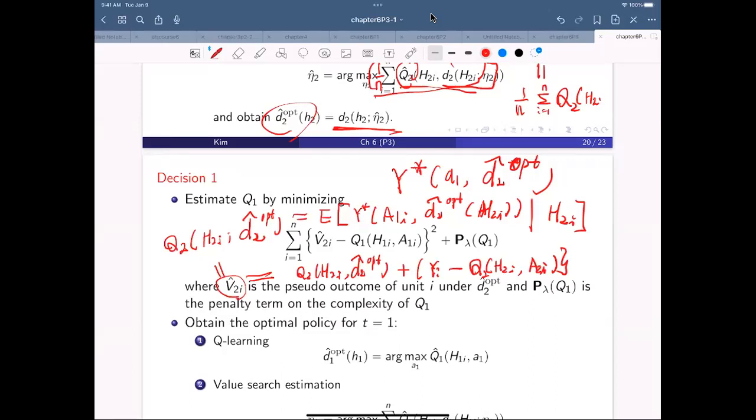Okay. So my point is, pseudo outcome is nothing but the imputation, right? Nothing but the imputation, but the imputation on a different universe. My current universe is this one, right? But I know the best decision was actually another D2, D2 optimal. So this is another me in another universe.